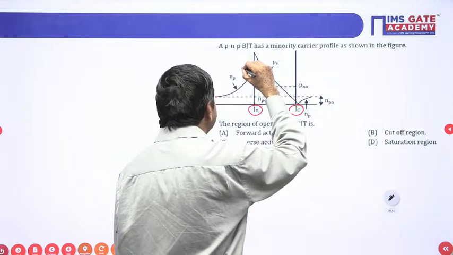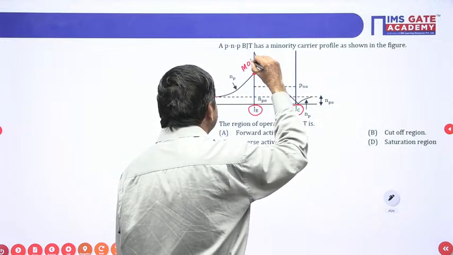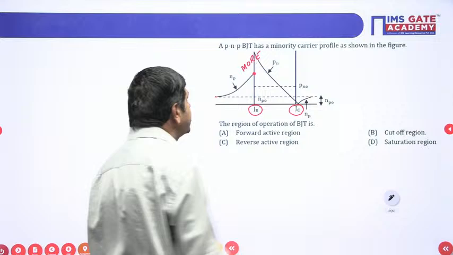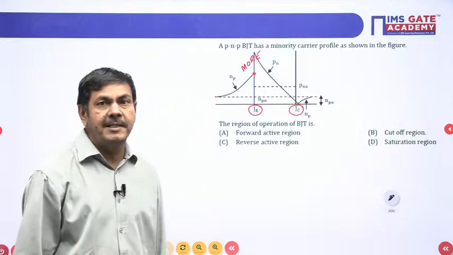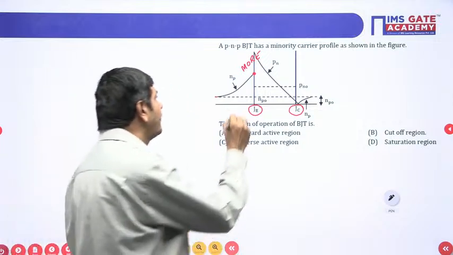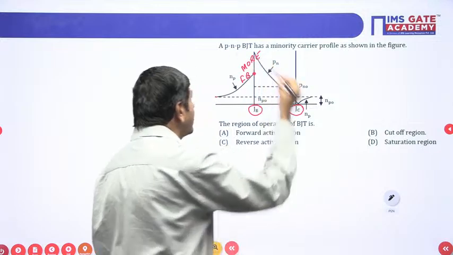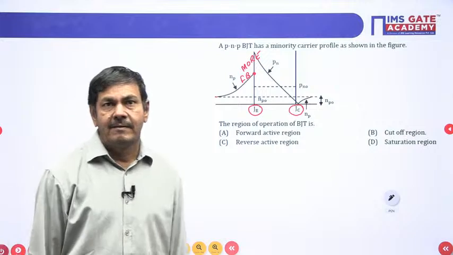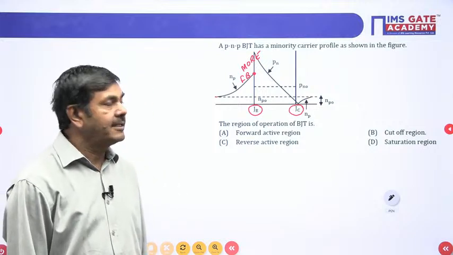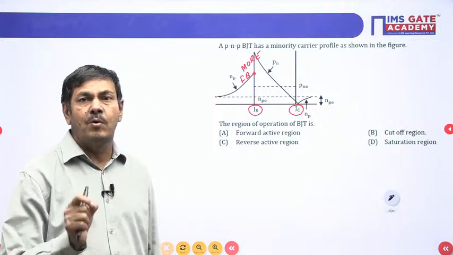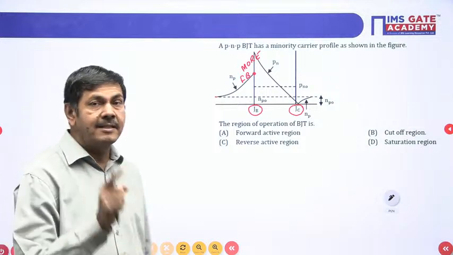Whenever you get more concentration at the emitter junction, you can say the emitter junction is forward biased. When minority carriers at the emitter junction are more, you need to say it is forward bias.